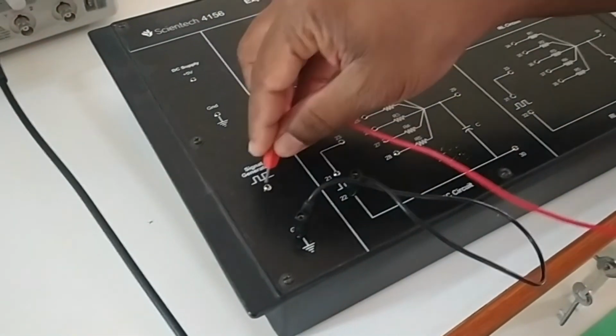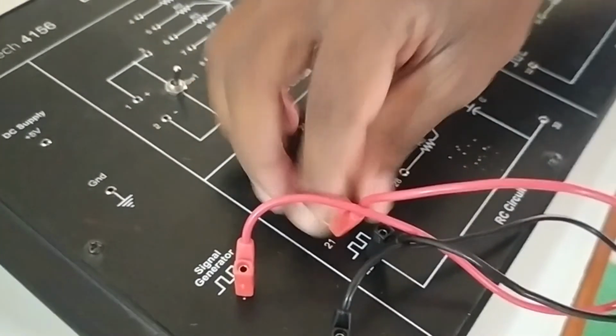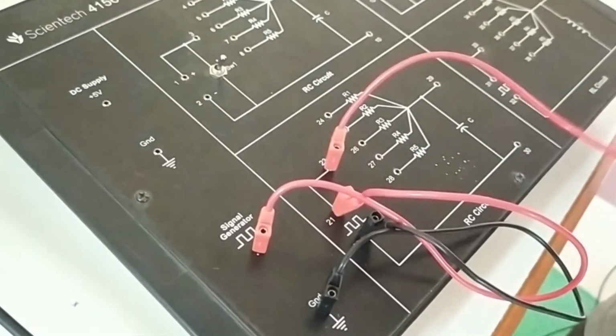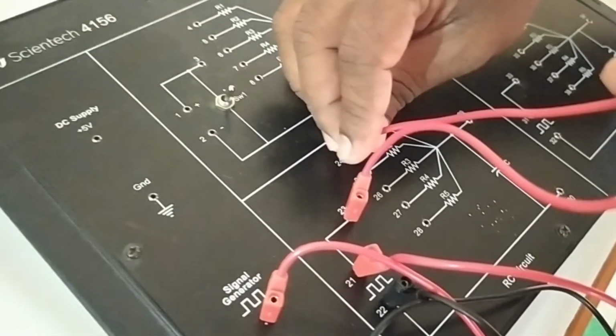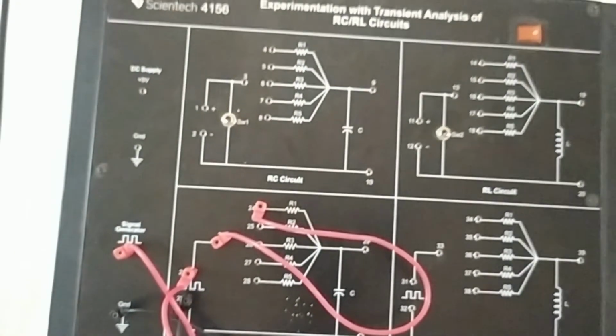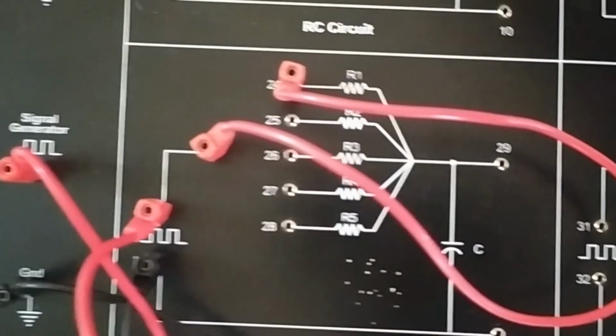From the signal generator, I am giving the input to the circuit. To make continuity in the circuit, I am connecting point 23 to 24. This is the first resistance element, that is 10 kilo ohm. To observe the variation in the voltage across the capacitor, I am using a digital oscilloscope.